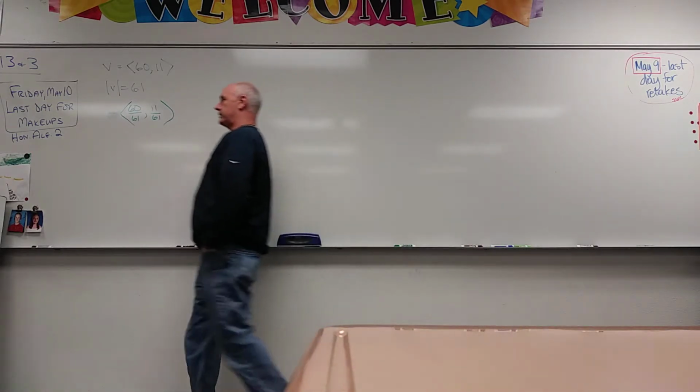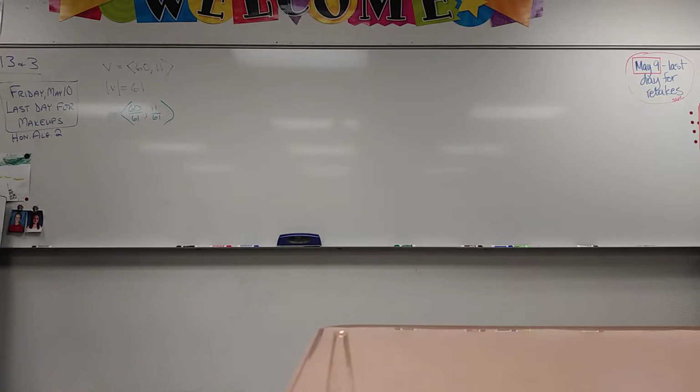Yesterday, towards the very end of class, we talked about unit vectors. Correct? What is a unit vector? A vector with magnitude of 1. Which direction would a unit vector go in?